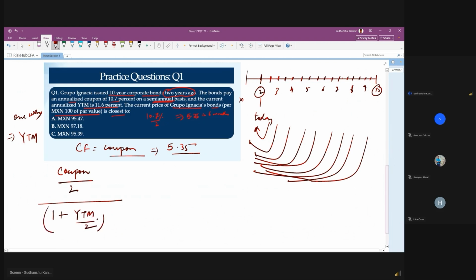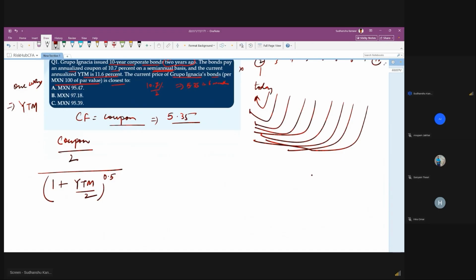The cash flow is coming 6 monthly, so it's 0.5. When we studied compounding and discounting last week, I told you very clearly that to find the compounding part, we do 1 plus r by m, raised to m into n. Yes or no? So whatever I am dividing here by 2 will get multiplied by 2, right? I have to do this for all 16 cash flows.